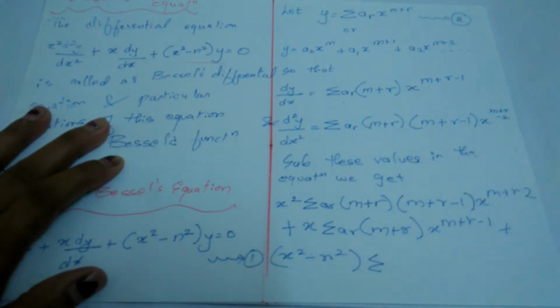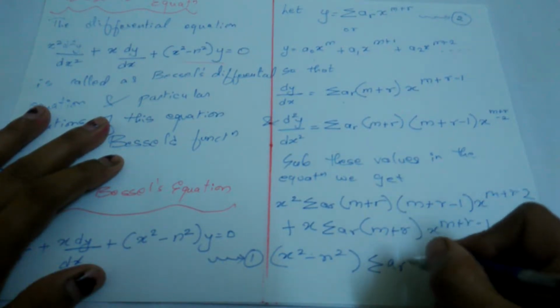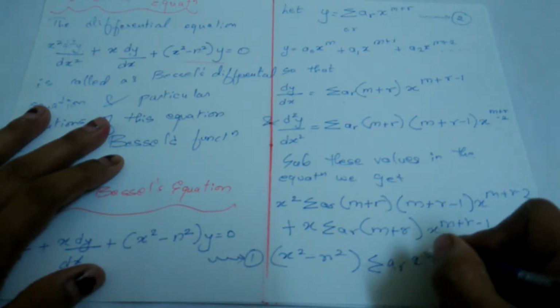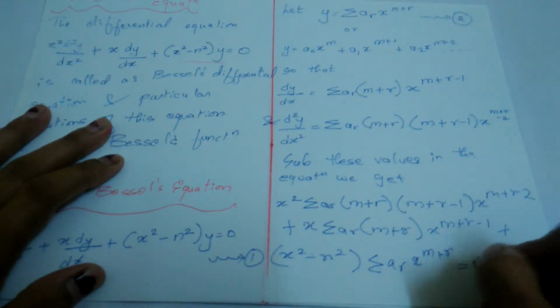Summation of a_r x to the power m plus r, which is equal to 0.